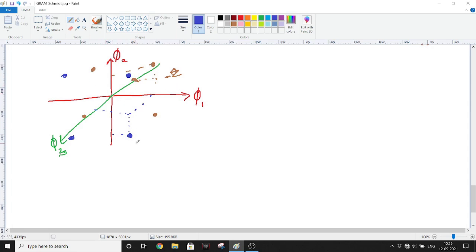So this is my symbol 1, symbol 2, symbol 3, symbol 4, symbol 5, symbol 6, symbol 7, and symbol 8. So using three different quadrature phases, I can achieve a better spacing in a three-dimensional way for symbol detection. So hence, this concludes our modulation techniques for digital communication using Gram-Schmidt orthogonalization.